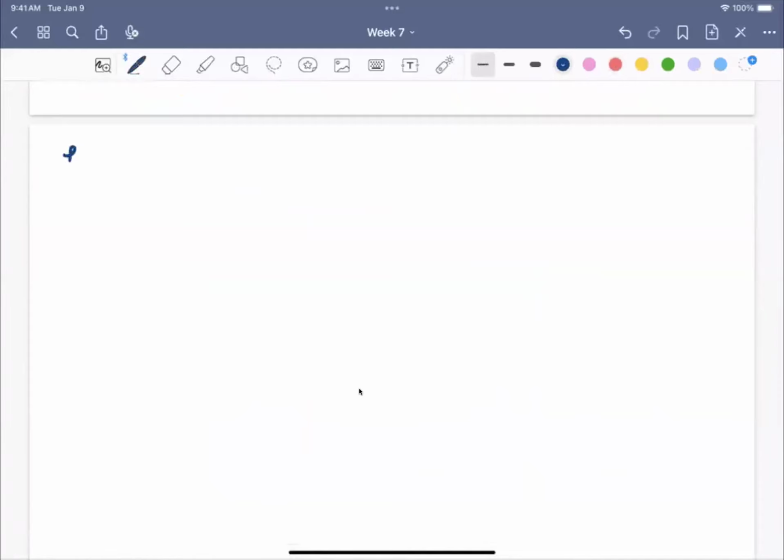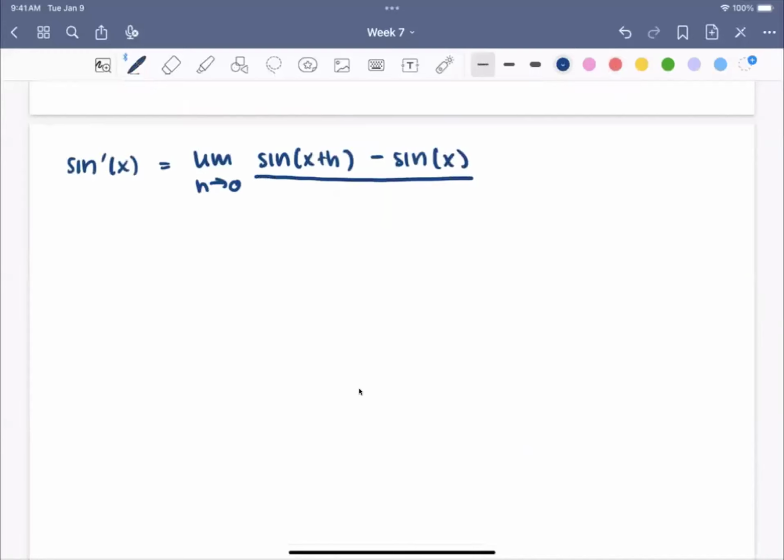So we know that if I take the derivative of sine x, we're just going to use our definitions. This is going to be the limit as h approaches 0 of sine of x plus h minus sine x, divided by h. Okay, so then for this calculation, first I'm going to use the sine sum formula to break this up.